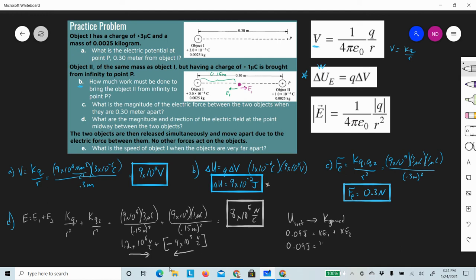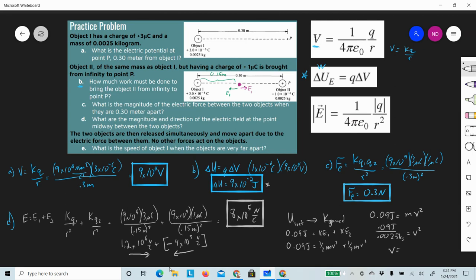0.09 joules equals 1/2 mv squared plus 1/2 mv squared. It's the same exact m's. So basically 0.09 joules equals mv squared. 0.09 joules divided by 0.0025 kilograms equals v squared.